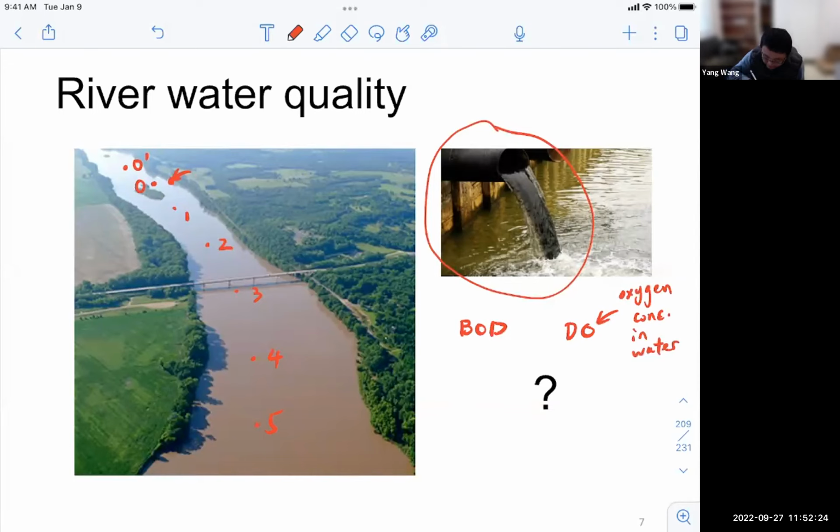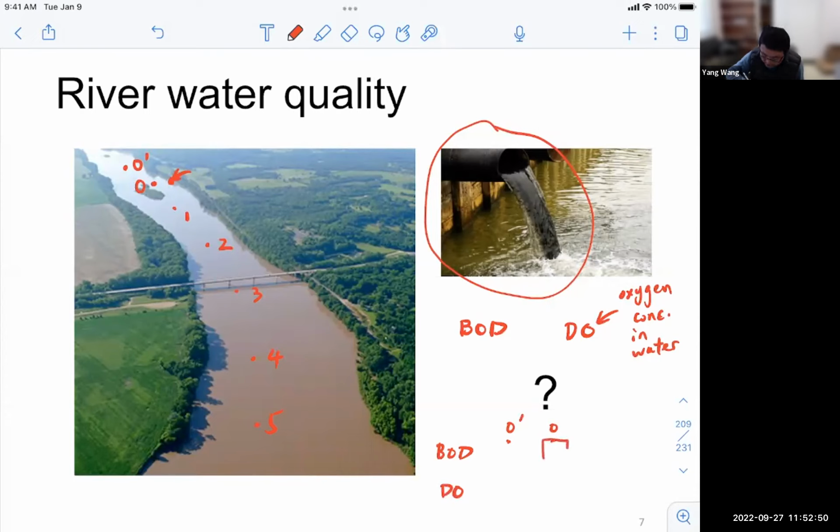If we compare the location of 0 prime and 0, which location is going to have a higher BOD? It's going to be 0, right?